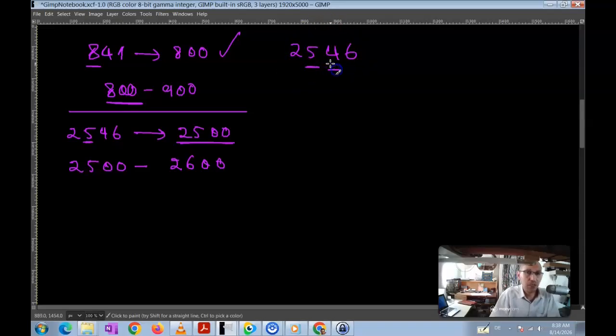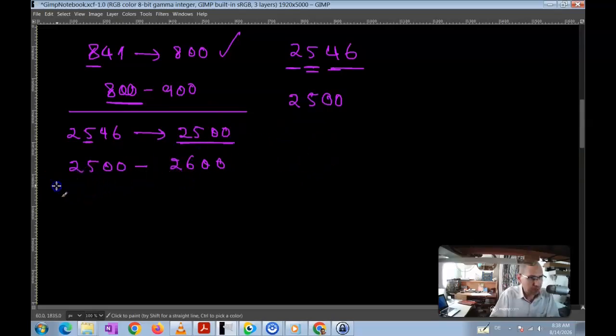So you will take a look at the next digit to the right-hand side, and since it's one of those numbers 0, 1, 2, 3, and 4, then you will round down, meaning that this digit remains the same, and all of these digits to the right-hand side will be substituted with 0, and all of these digits to the left, whatever they might be, you might have, I don't know, 10 digits to the left, you would write them down as they are. So that would be 2500, right?